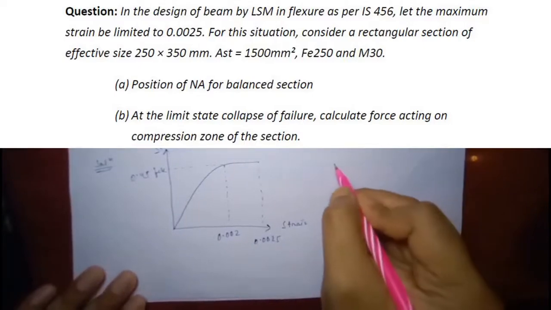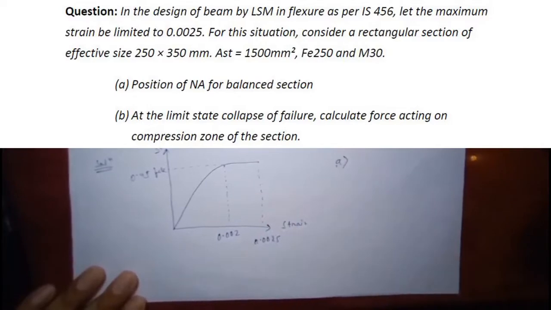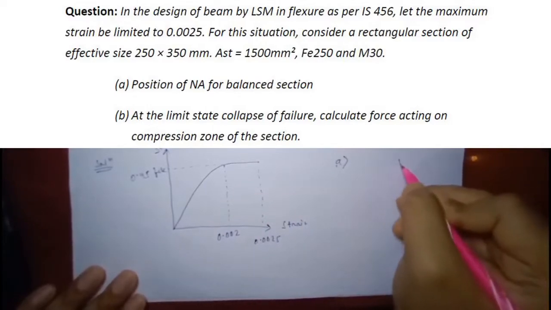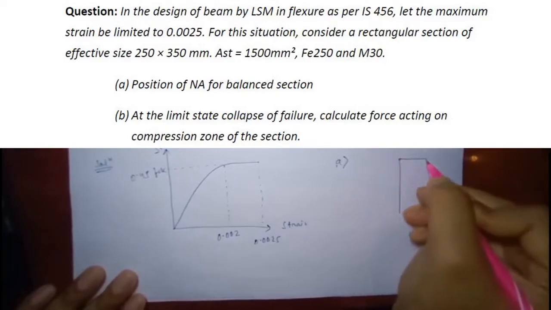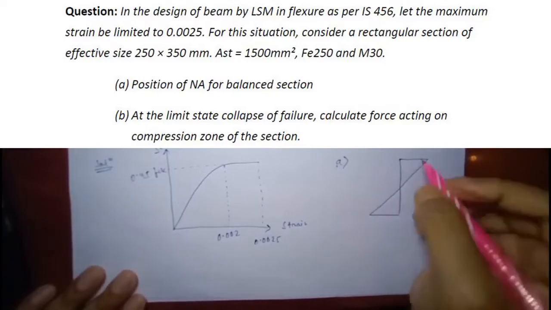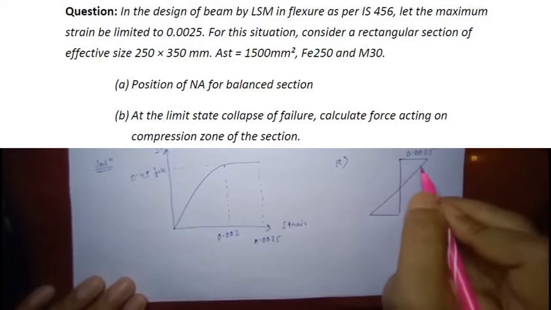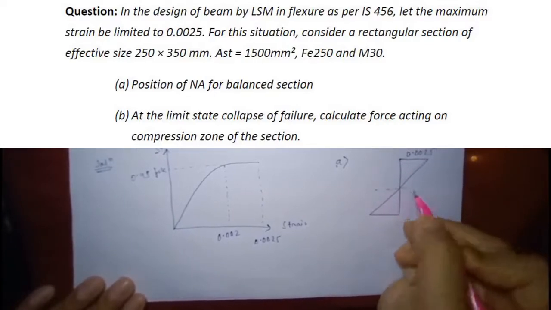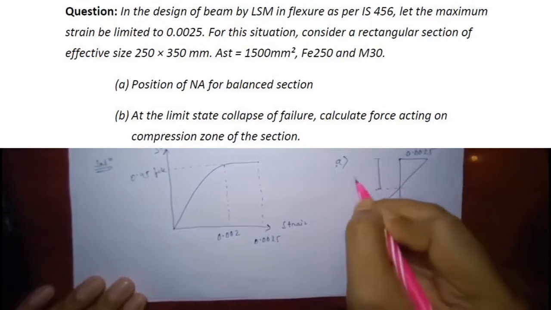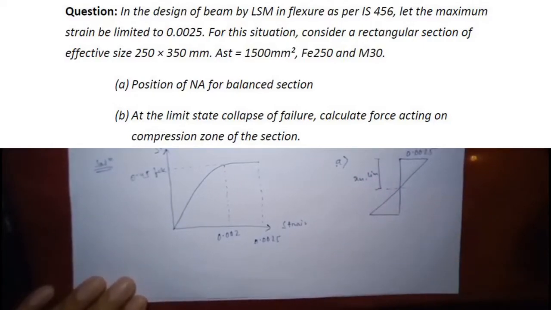Now for part A, let us draw the strain diagram. The strain diagram will be somewhat like this. It is said here to be 0.0025 in the question, and this is our xu limit for the balanced section. The position of the neutral axis we have to find out for the balanced section.